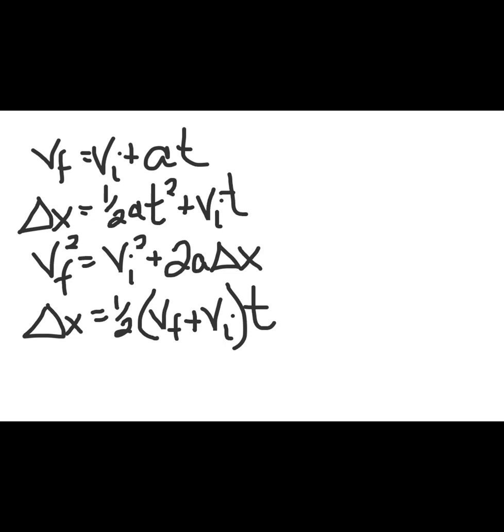And actually, what I want to point out is that each of these equations have been solved algebraically for convenience. And I want to clarify what that means. Actually, what I'm interested in is what's missing from each of these equations. So if we look at all the variables we have, delta x, v initial, v final, a, t, all of these variables are there.